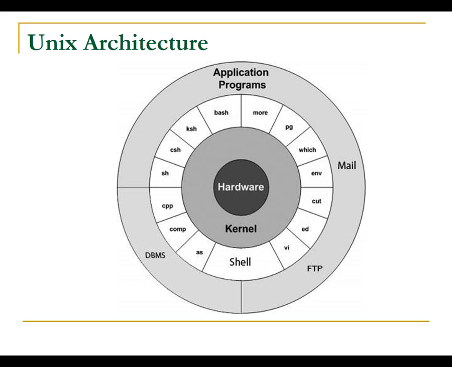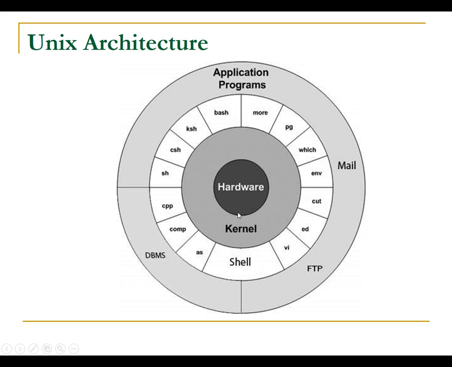As mentioned in the diagram, it contains various types of layers like the user layer and the application program layer, where the application program layer is internally divided into various components like mail, FTP, that is file transfer protocol, database management system, and various shell commands, and then it communicates with the hardware.